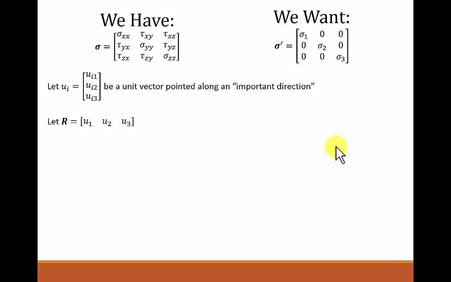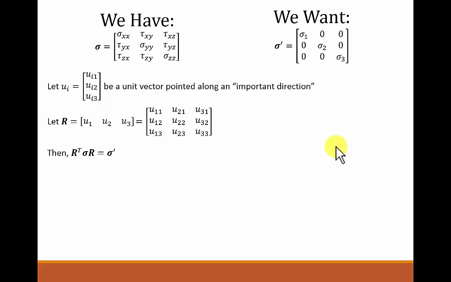Then I'm going to say there's a rotational matrix composed of 3 unit vectors, u1, u2, u3. If I wrote it all out, it would look like this. So there are 9 values, 3 unit vectors, expressing 3 important directions, and those important directions are orthogonal to each other.